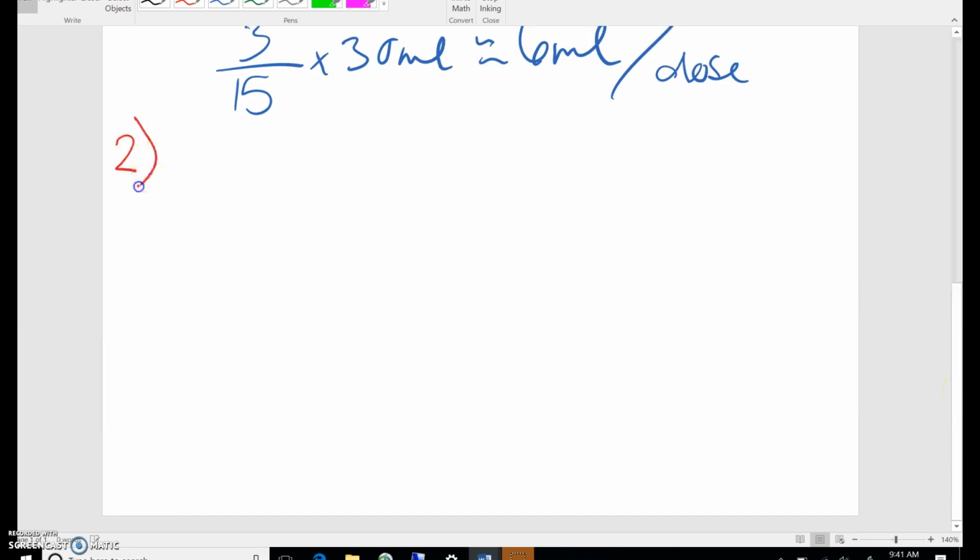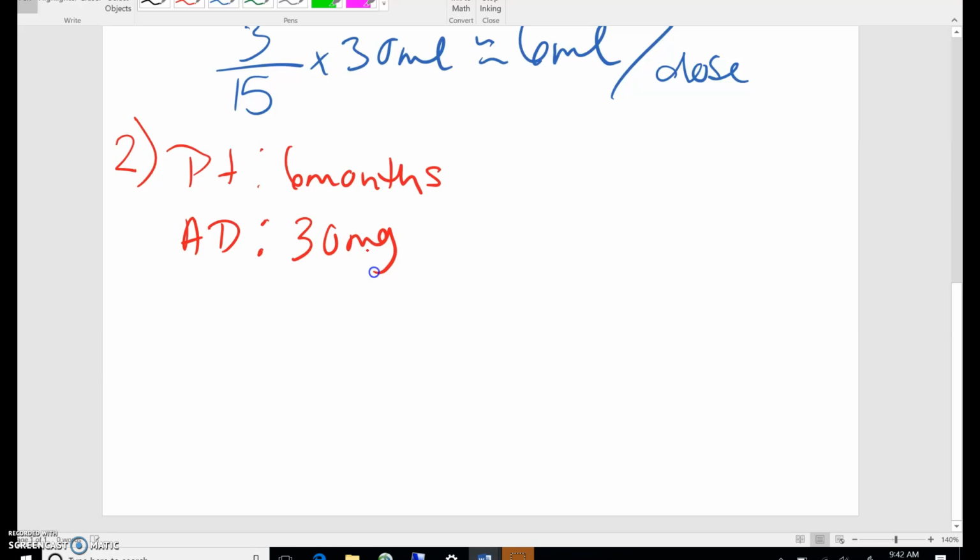Let's look at number 2. Number 2 reads that a physician ordered or wants a 6-month-old patient or 6-month-old child to have phenobarbital. The usual adult dose, which is the average adult dose, is 30 milligrams.